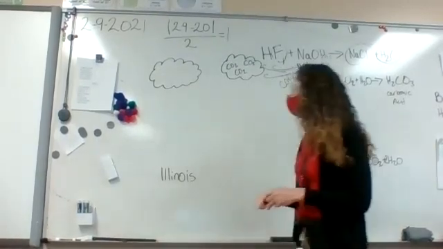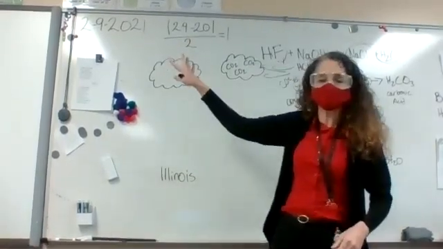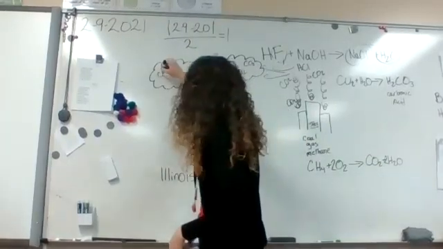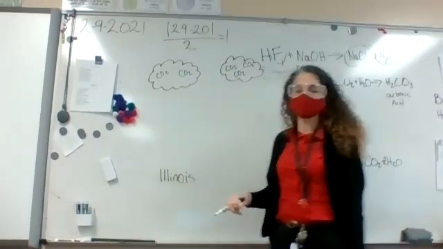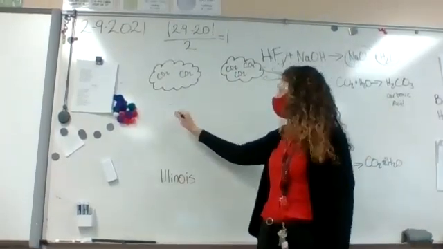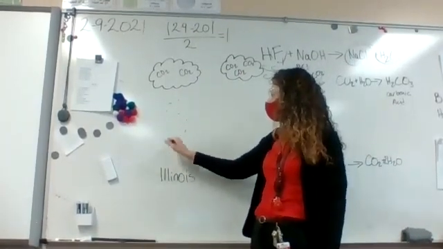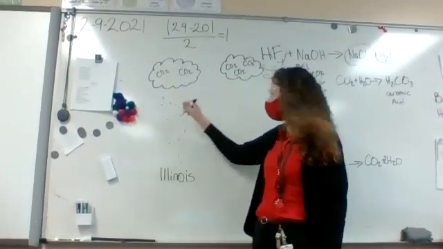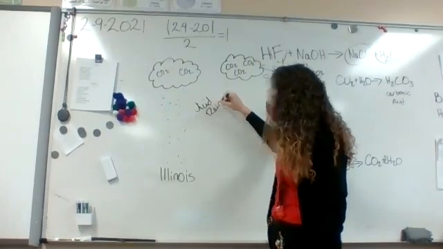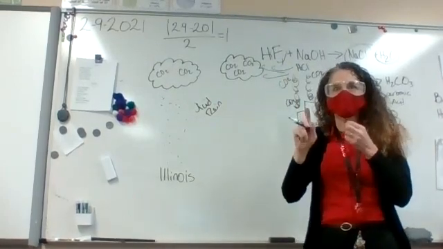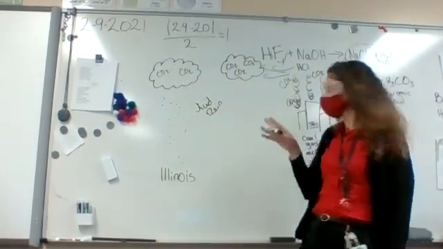Okay, we're in Illinois. There's still carbon dioxide in this cloud. So what do we get? Acid rain. How many have ever heard of acid rain? It is a thing. To a point, it's a good thing. And to a point, it's a problem.